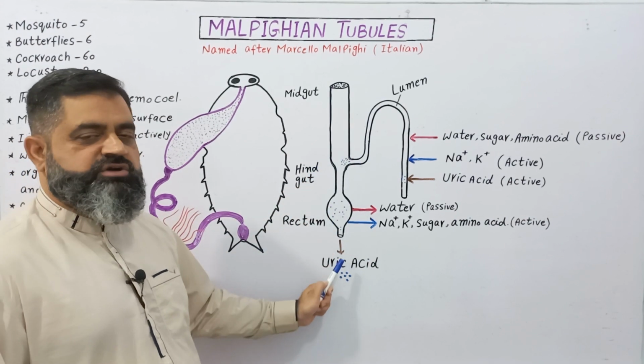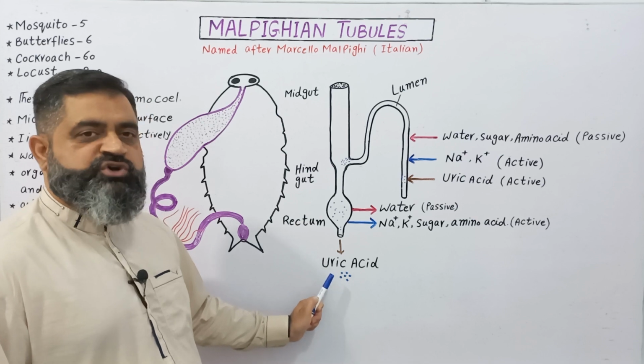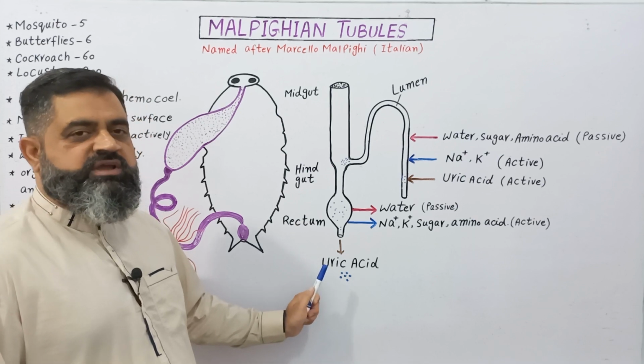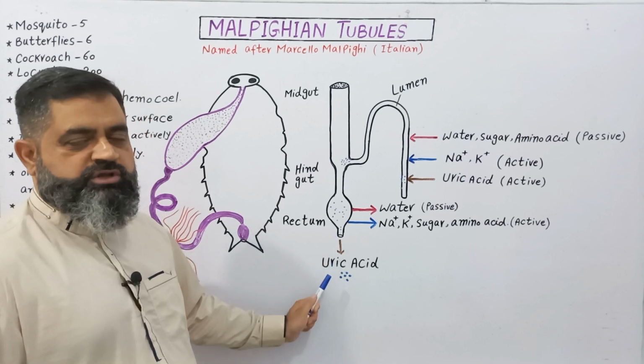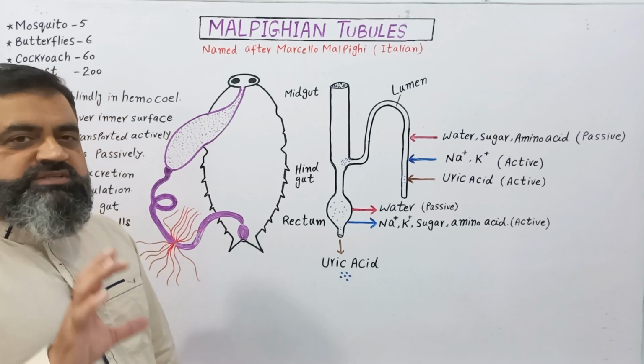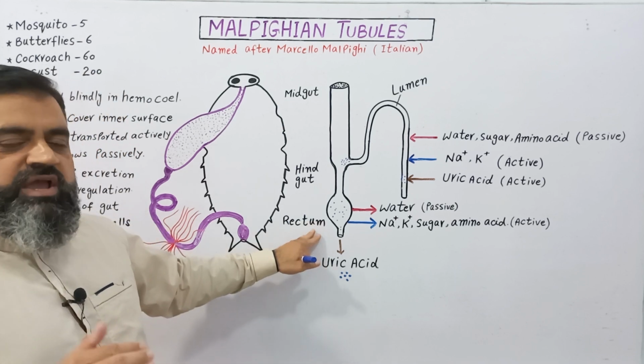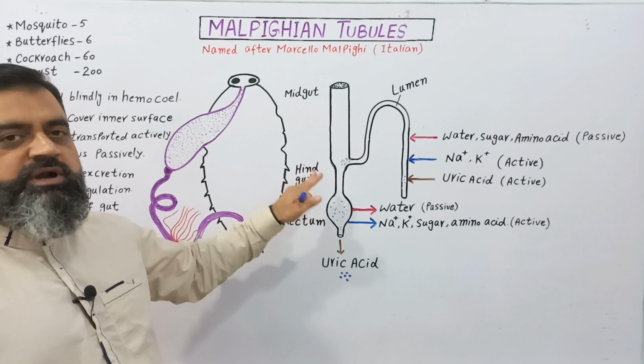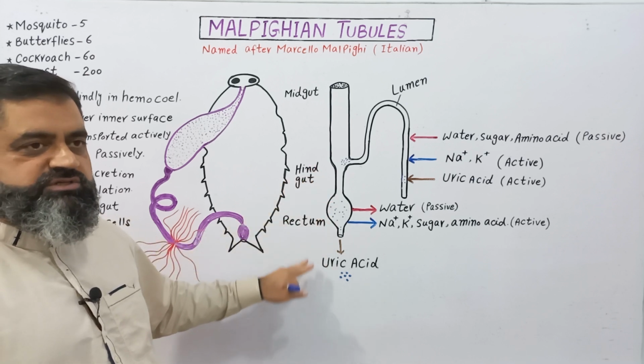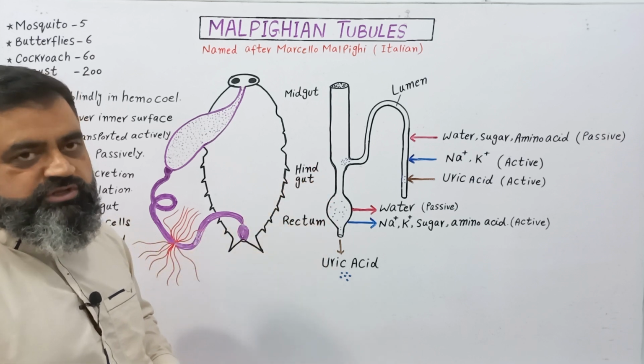Altogether they are excreted through anus in the form of solid excreta, in the form of crystals of uric acid from the body. So in this way, maximum amount of water has been reabsorbed and the metabolic wastage, which is known as uric acid, has been removed from the body.